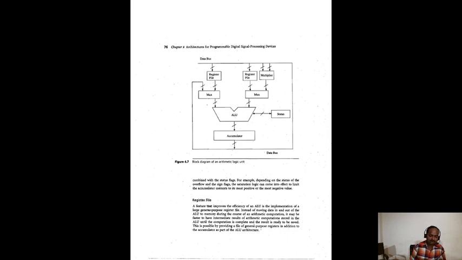Similarly, we also need the same kind of general purpose registers in the DSP processor architecture. We also need a file of general purpose registers in addition to the MAC units in the ALU structure or architecture.